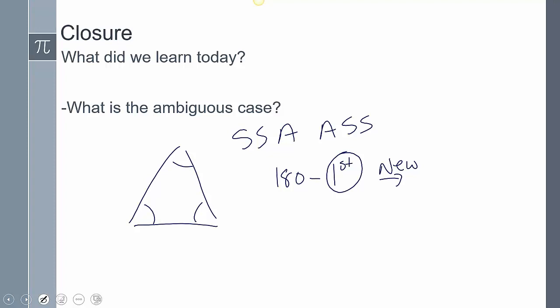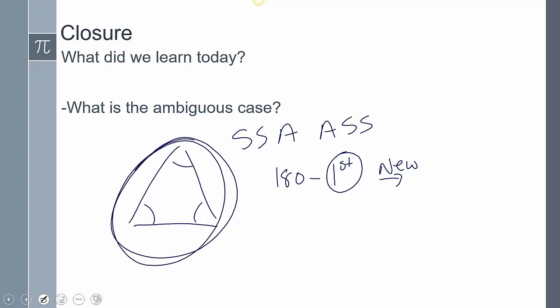You'll literally be able to create another triangle. If you're able to find all the values for the triangle here, then you have two triangles. If the 180 degrees minus that doesn't work, then you only have one triangle.